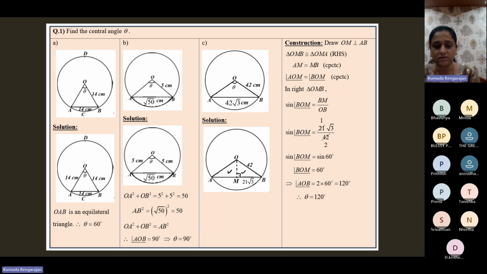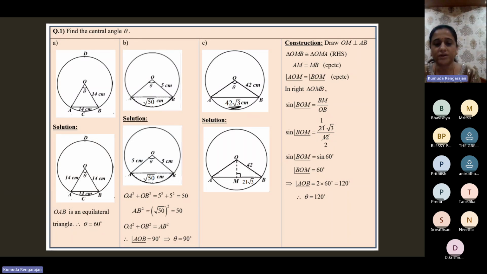In these two triangles, 90 degrees, 90 degrees, that is R. Hypotenuse OA is equal to hypotenuse OB, H, and some other side, OM is the common side. So by RHS congruence criterion, the two triangles are congruent. So CPCT, we have AM is equal to MB.